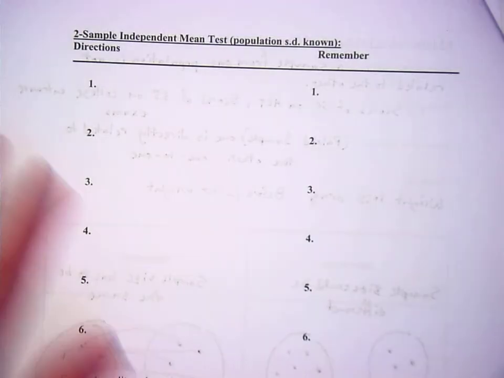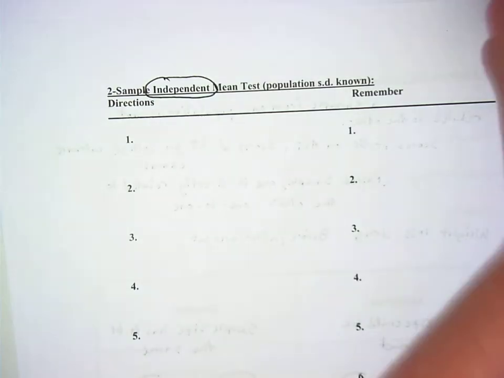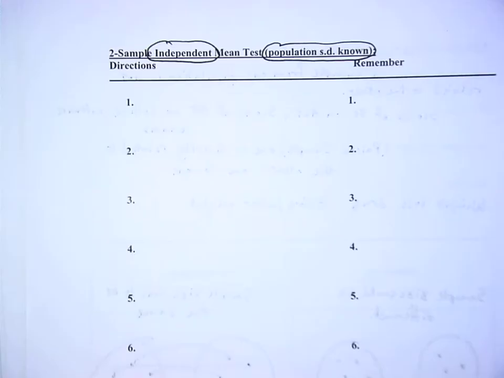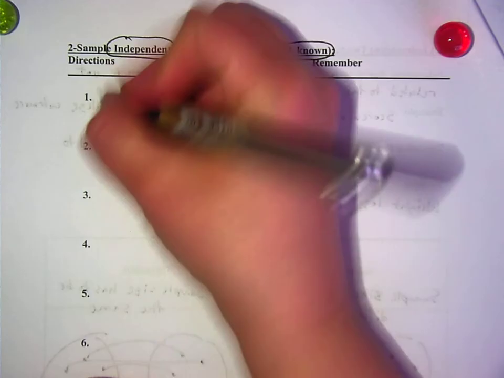All right, page 2. So here are the directions for doing a 2-sample independent mean test. This is important. Notice that it is independent and the population standard deviation is known. So first step is that you need to verify all the things.